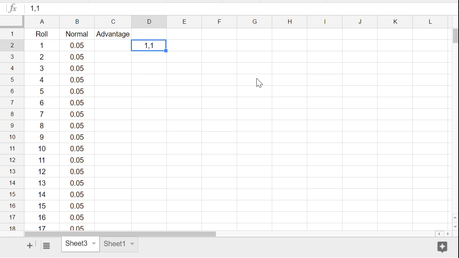For the total different rolls when rolling two dice, the first roll has 20 possibilities, the second roll has 20 possibilities. You multiply that, you get 400. Therefore, this probability has to be 1 out of 400. On to the next one.